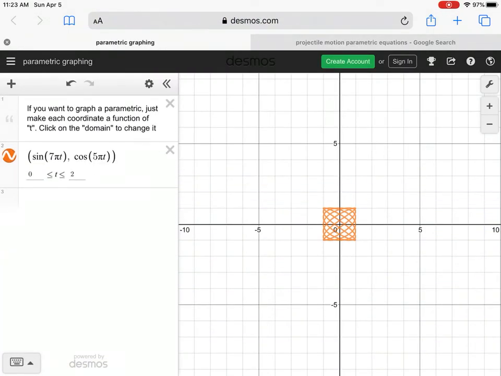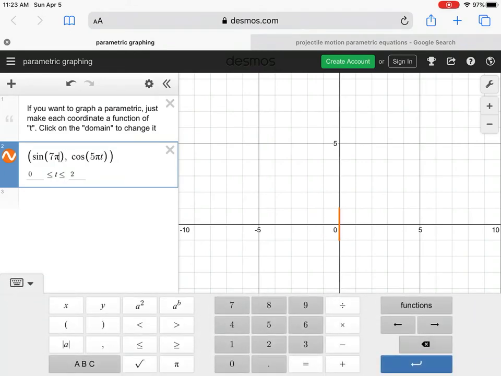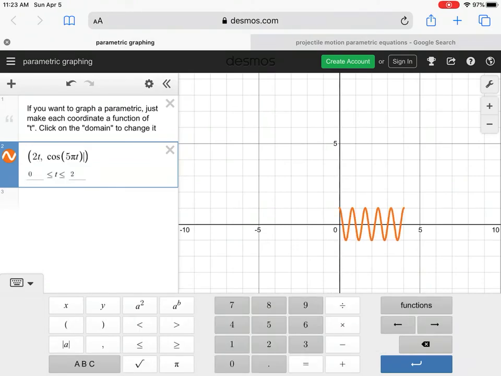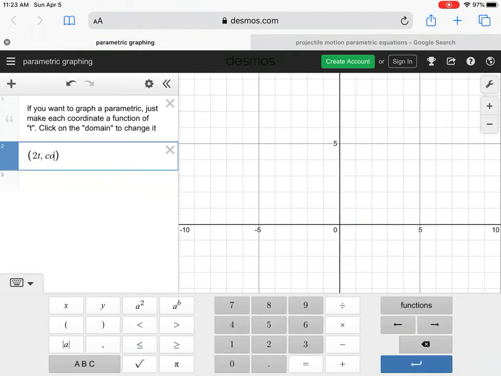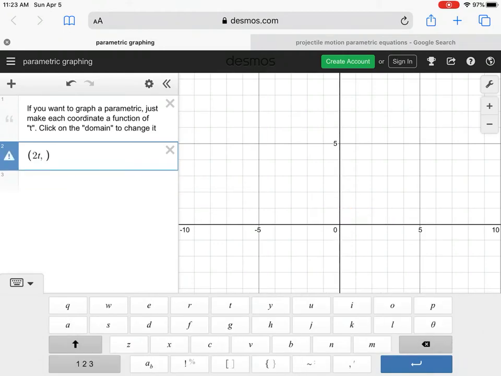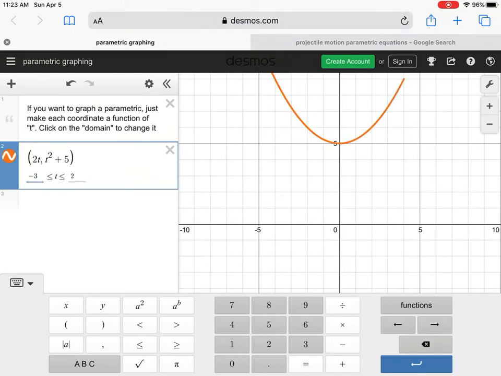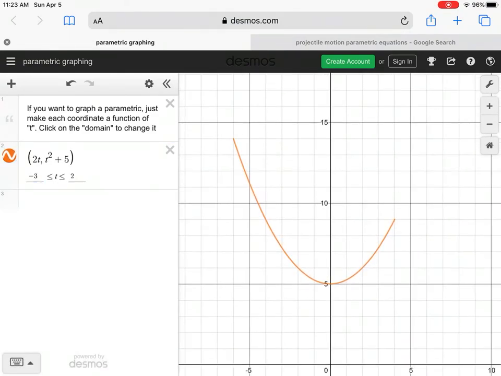So if I type in 2t, and then t squared plus 5, Desmos knows that it's a parametric equation. And I want this to go from -3 to 2. And there it was. So this was the picture that we had before.